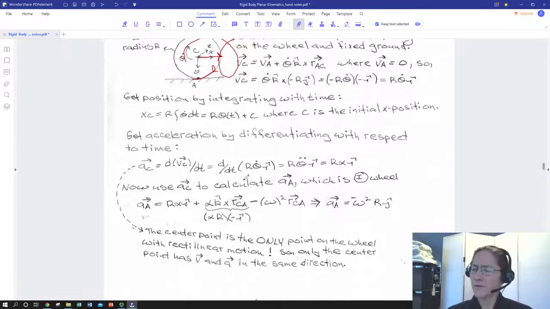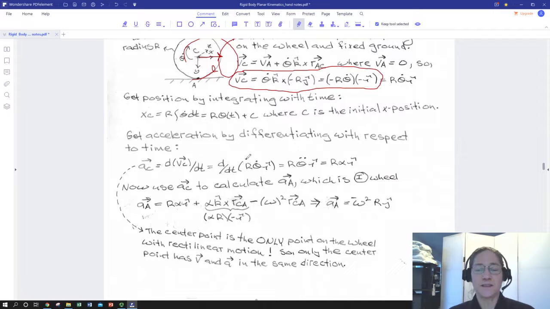Okay. What if we wanted to know the acceleration of that center point? No worries. We're just going to take another time derivative. So we can start with the expression that we have for velocity of the center point and just take another time derivative. So our acceleration of the center point is the time derivative of the velocity of the center point.